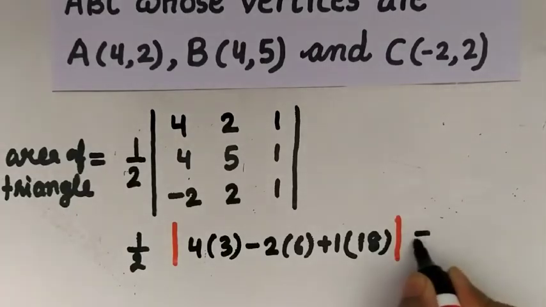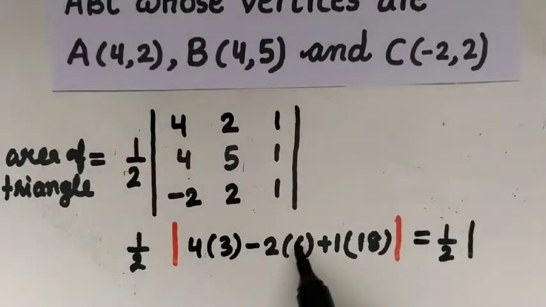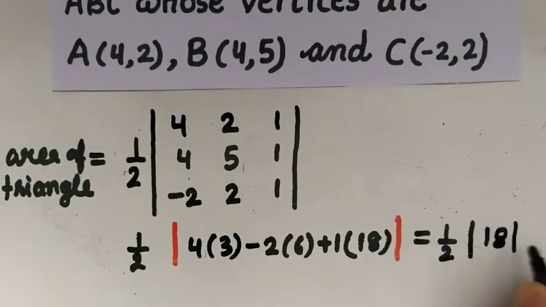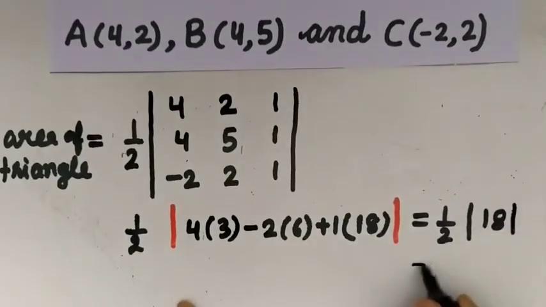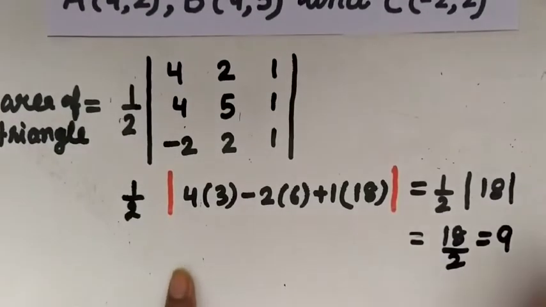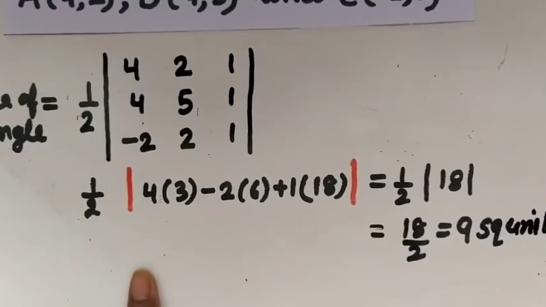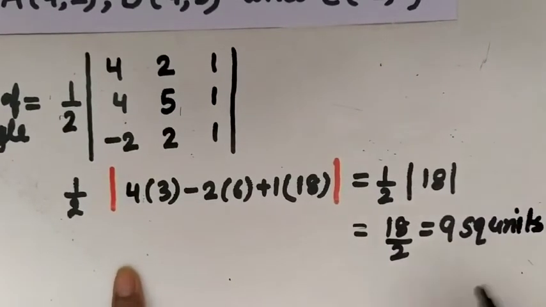After solving, we will get 1 by 2 times mod of (12 minus 12, 0, plus 18), that is mod of 18, which is 18. So 18 by 2 is equal to 9, and it will be 9 square units. So we have determined the area of the triangle, and the area of the triangle is 9 square units.